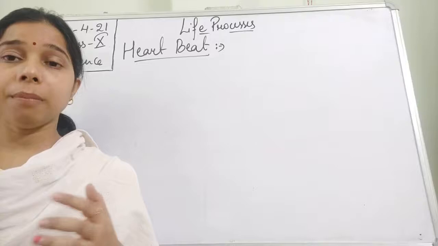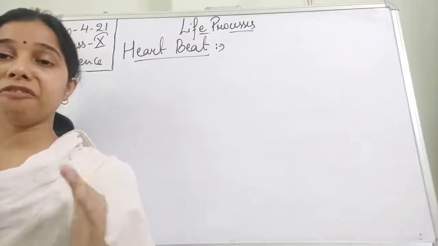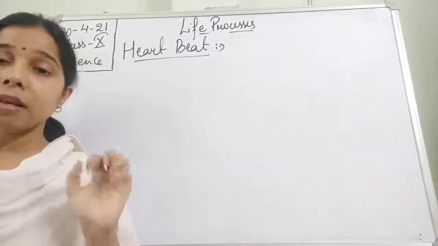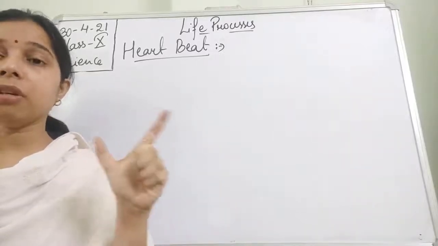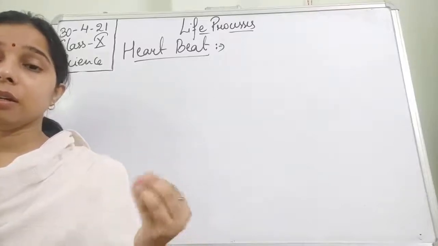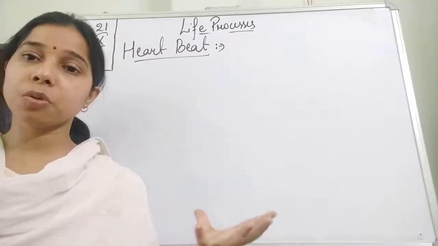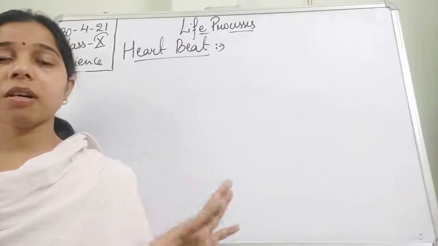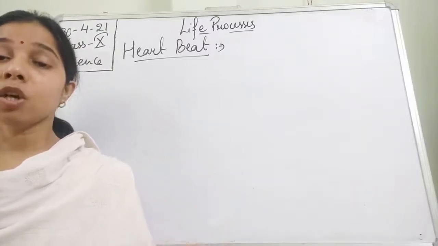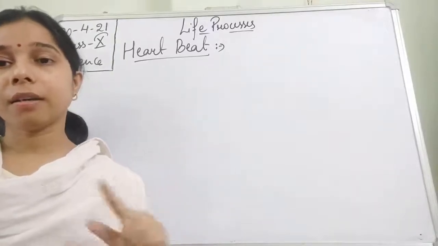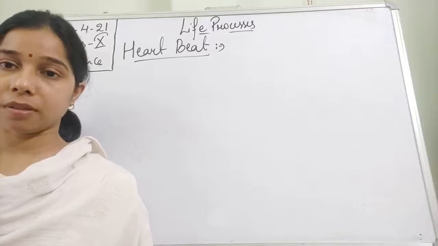Then all the blood from the veins fills the heart. Remember, students, the ventricle contracts, pushing the blood into the arteries, and then it relaxes. So the veins carry the blood and fill the heart with blood. So this contraction and relaxation of the heart determines the heartbeat of a person.